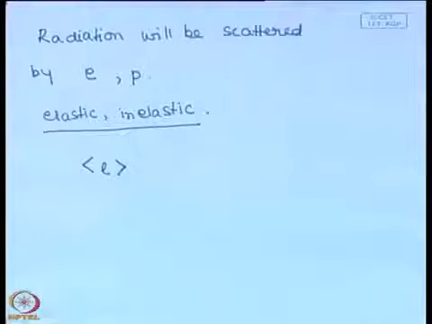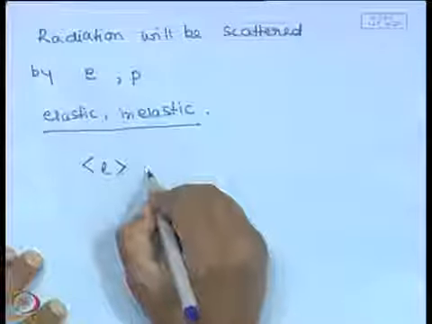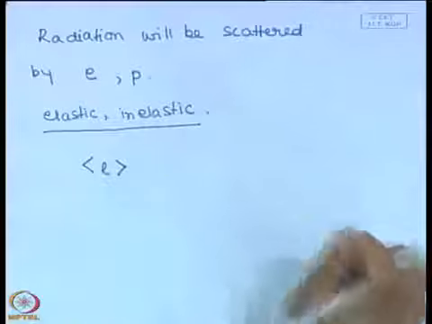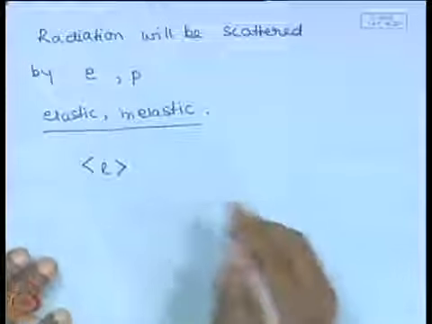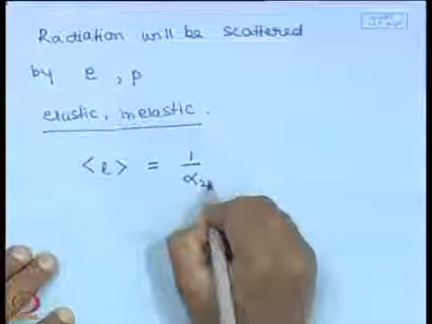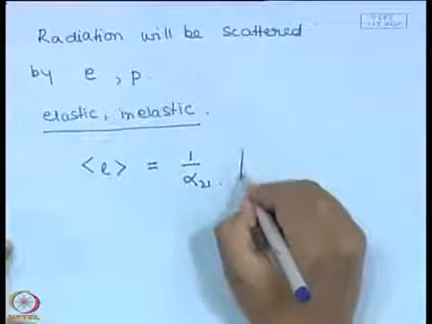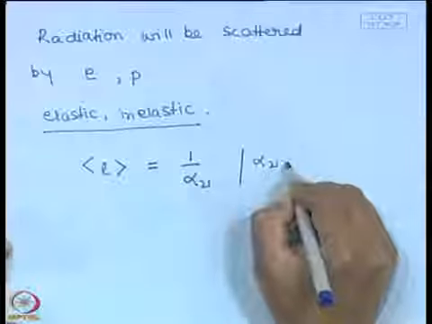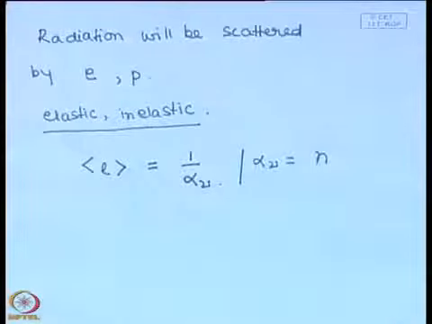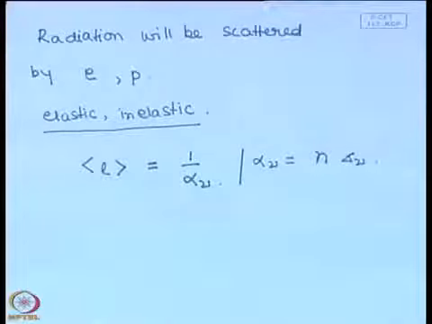So, this is essentially the condition that the distance times the absorption coefficient should be unity, or this mean free path we have seen is 1 by the absorption coefficient. Right, we have seen this. And the absorption coefficient we know is the number density of particles times the scattering cross section of each particle, right.